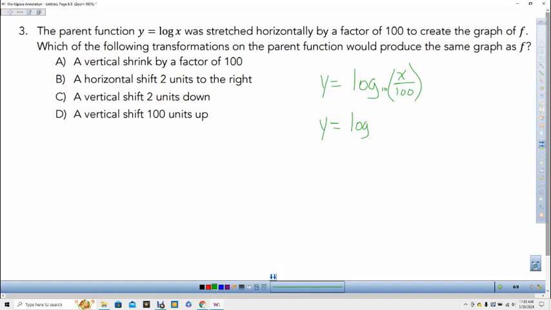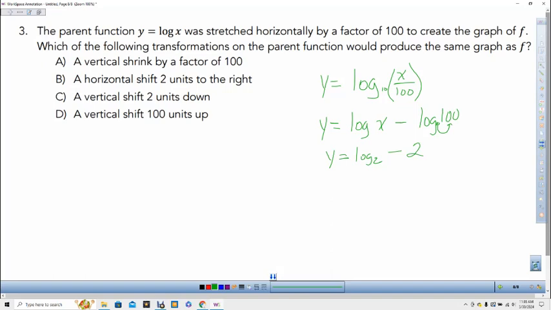So log base 10 of x over 100 is going to be the same thing as log base 10 of x minus log base 10 of 100. Now, we can solve one of these logs because it's easy. Remember this is a base 10, so 10 to what power gives us 100? Well, that would be 2.